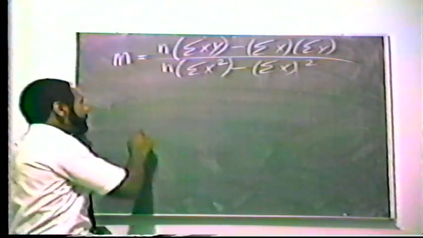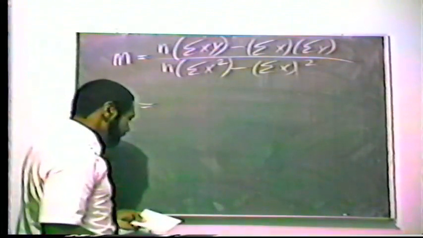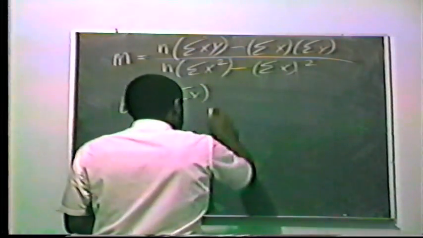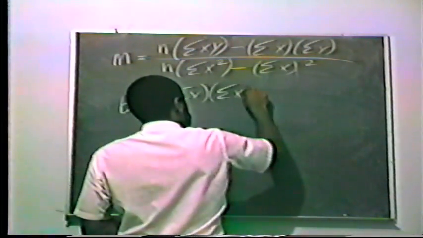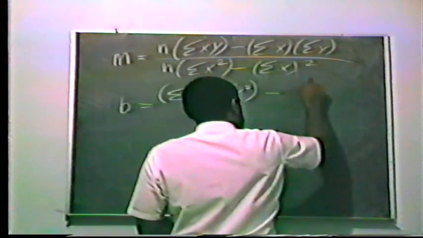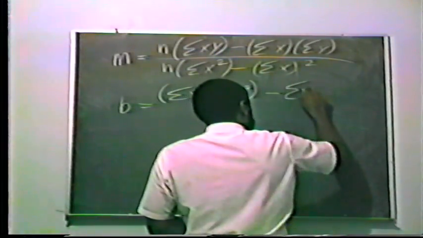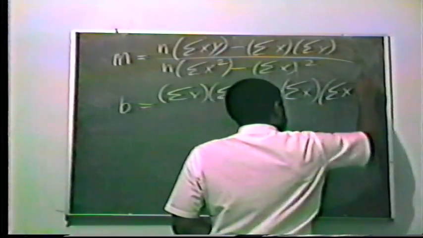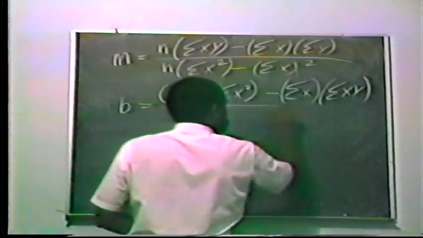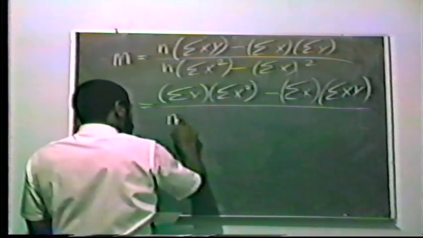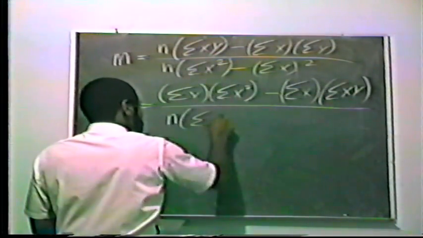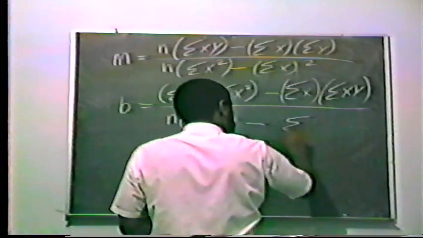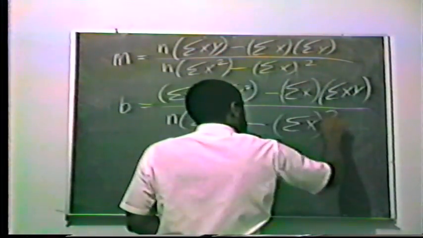For the y-intercept of the regression line, the formula is the summation of y times the summation of x squared minus the summation of x times the summation of xy, over n times the summation of x squared minus the summation of x, quantity squared.